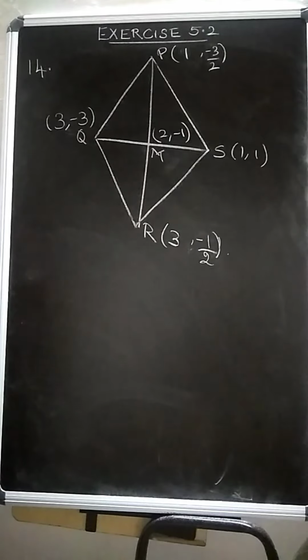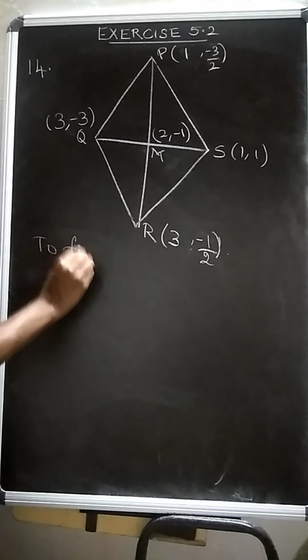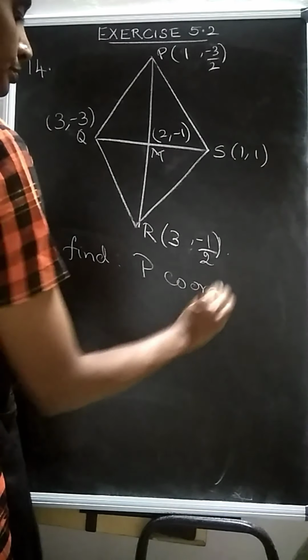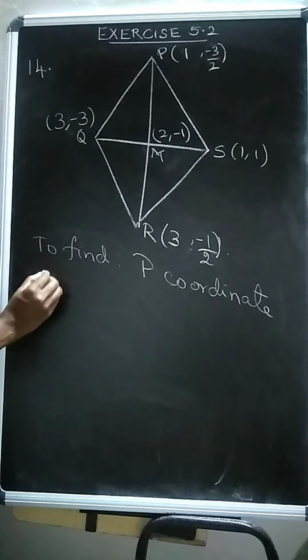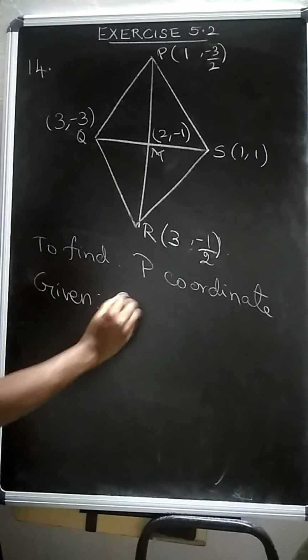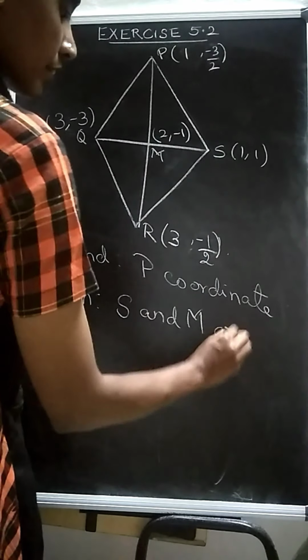Now let me have a recap of this. Now what you need to find? You need to find the P coordinate. So this is your question. Then what all are given for you? S and M are given.